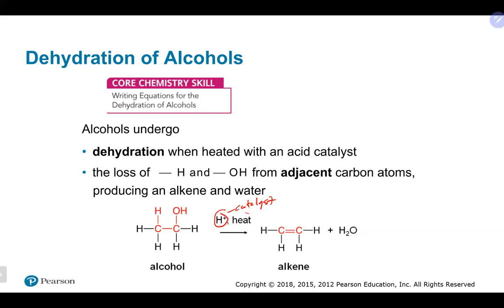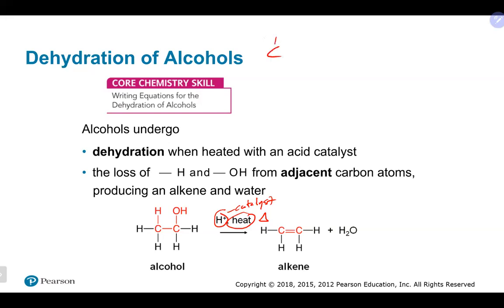And heat, which is also sometimes signaled by a triangle on top of the arrow. What you're going to do is drive off the water from the alcohol. The water is going to come off the exact same way that the water goes onto the alkene.